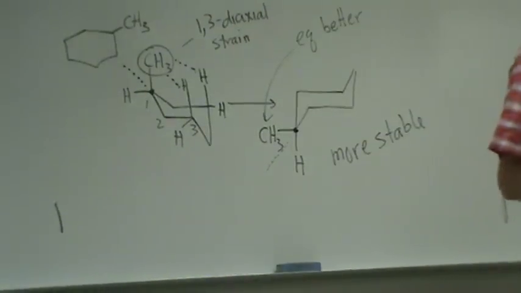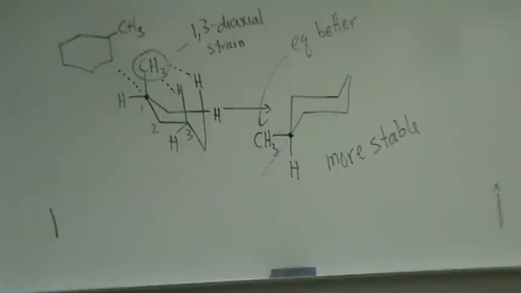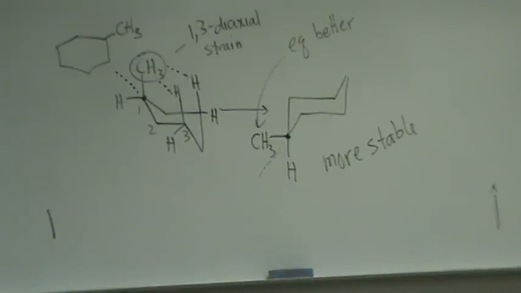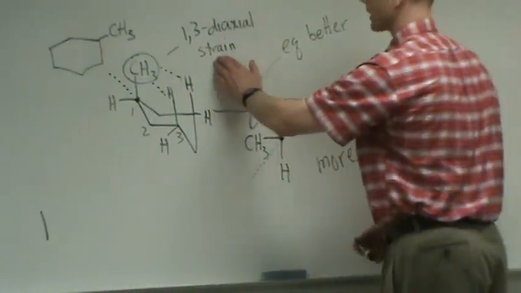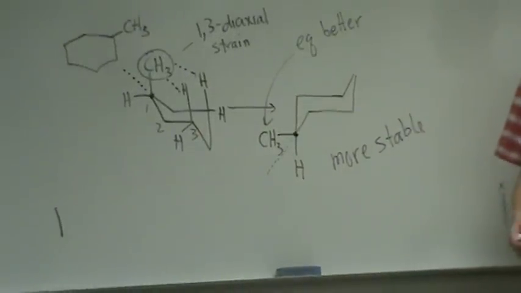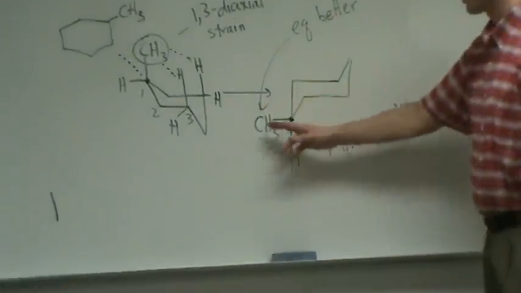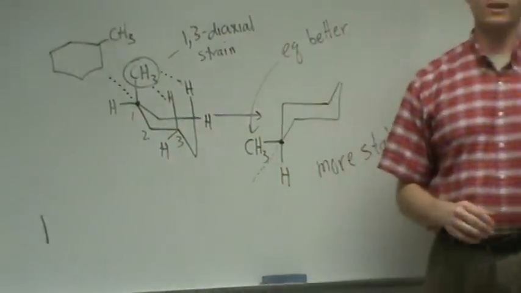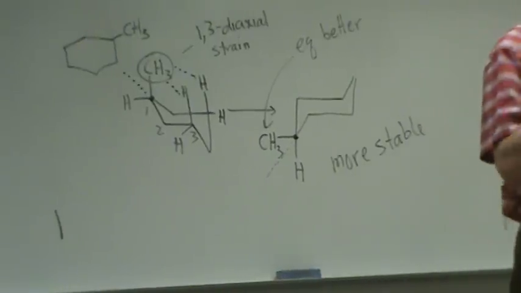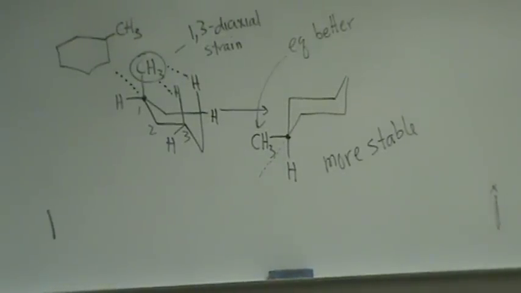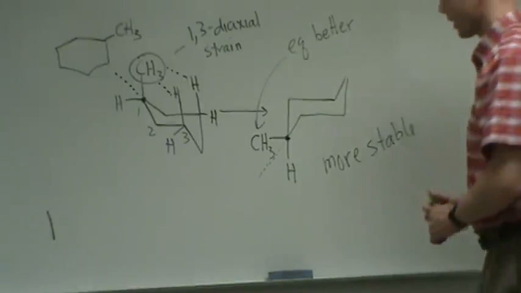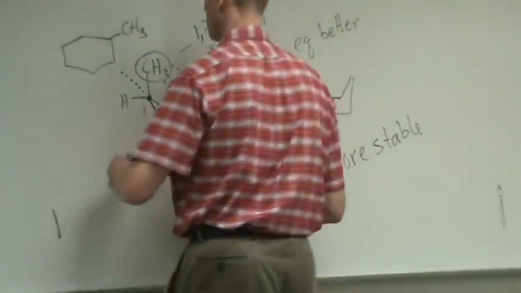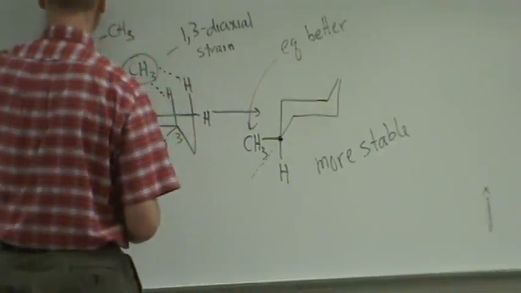So if I have a group in the equatorial position, it alleviates what? This 1,3 diaxial strain. So this chair would be more stable than this chair. Any questions on that? Get that out of your system. Let's do another one here.